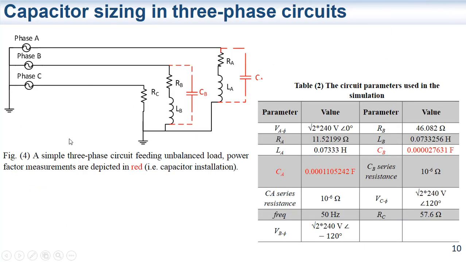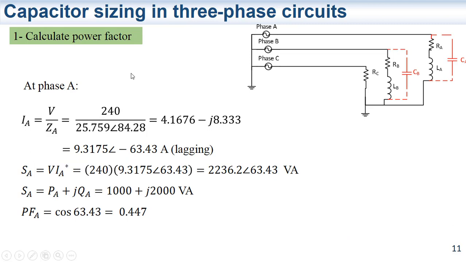So for the three-phase circuit, 3 phases with different loads, so it's an imbalance. The parameters or values of the circuit are presented in table number 2. Now, in order to calculate or size the capacitors associated with phase B and phase A, since phase C is a resistive load, it doesn't require any adjustment.